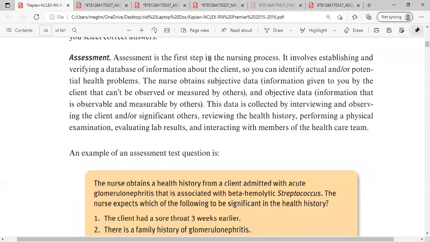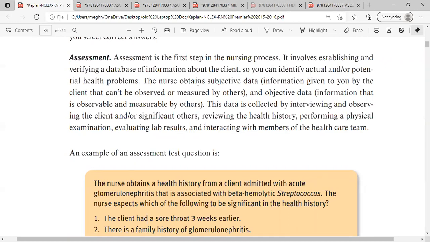Assessment is the first step of the nursing process. It involves establishing and verifying the database of information about the client, so you can identify actual and potential health problems.